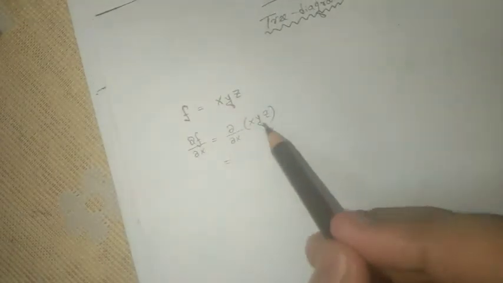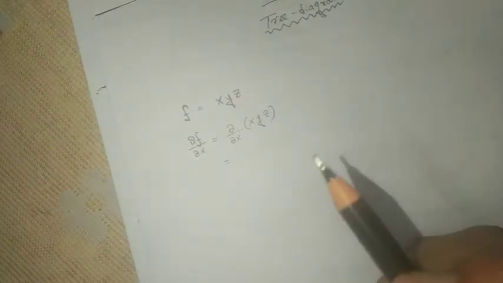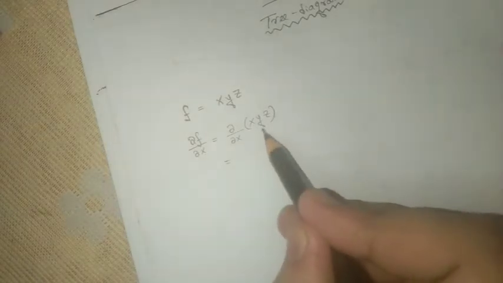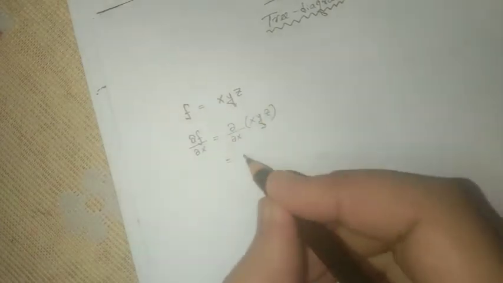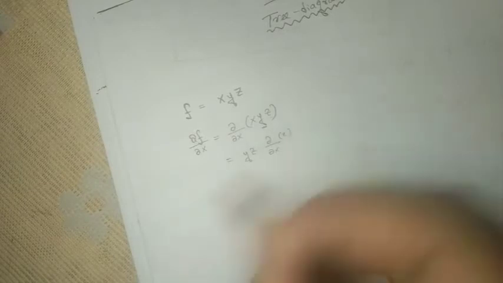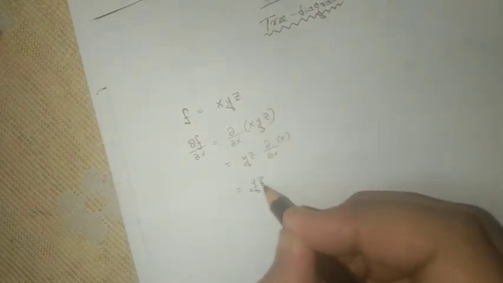In a normal derivative we treat x, y and z as variables, but in a partial derivative we treat y and z as constants, and we just bring these two outside. So let's do that, and we're going to treat x as the only variable, so it is yz.